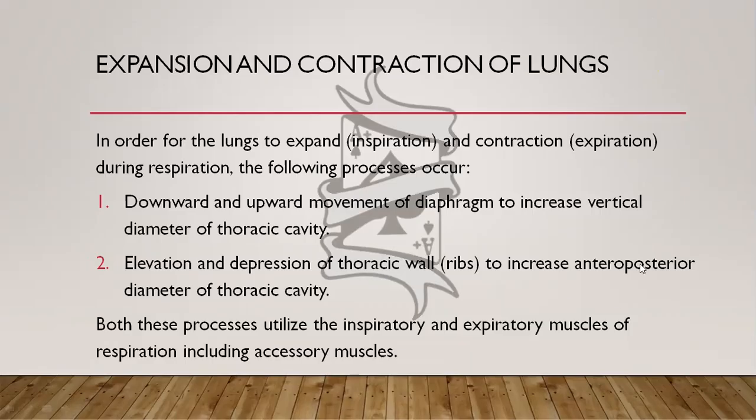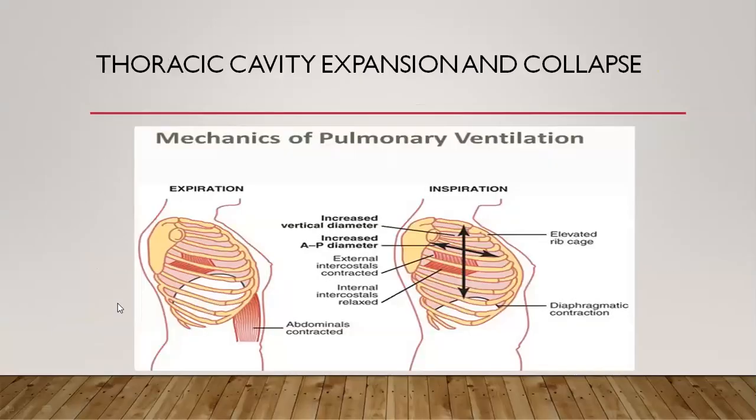And those are going to facilitate an increase in the AP diameter of the thoracic cavity. So in pushing your sternum forward or retracting it. So both these processes utilize, as we said before, the inspiratory and expiratory muscles of respiration, including the accessory muscles. Is this okay? Great.